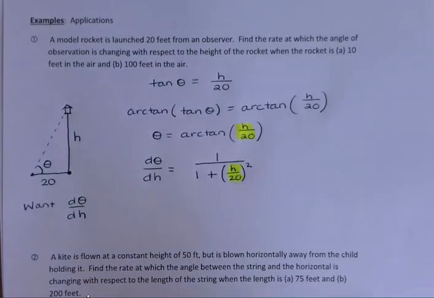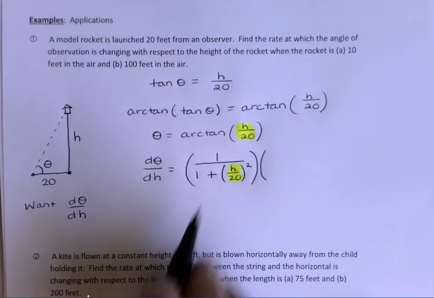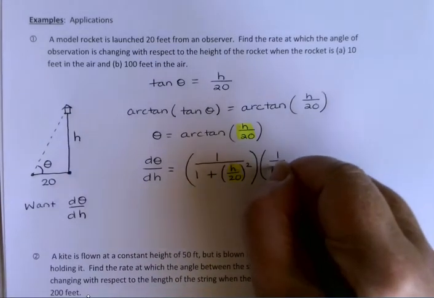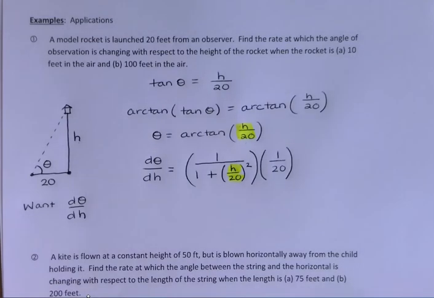I would then have a chain rule, so times the derivative of that inner function, which would be 1/20th. Now in this particular case, I could do some algebra to clean this up a little bit.